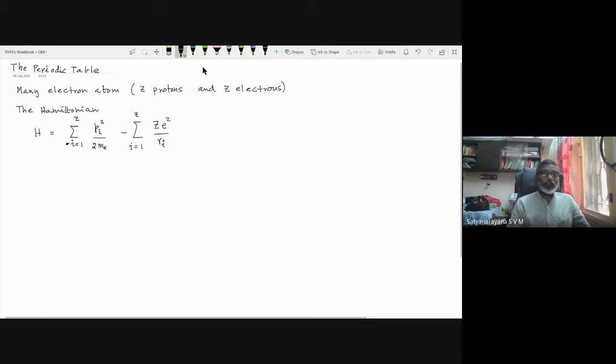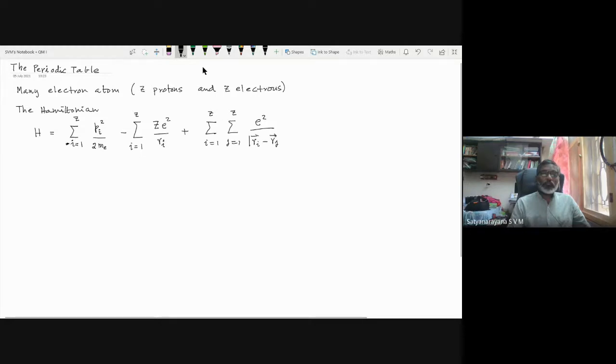Then there is a term which is the interaction between the electrons, which you can write as the sum over i equal to 1 to Z and the sum over j equal to 1 to Z. The interaction between two electrons is given by e squared divided by the modulus of r_i minus r_j.